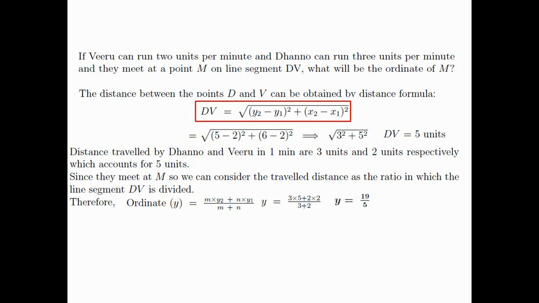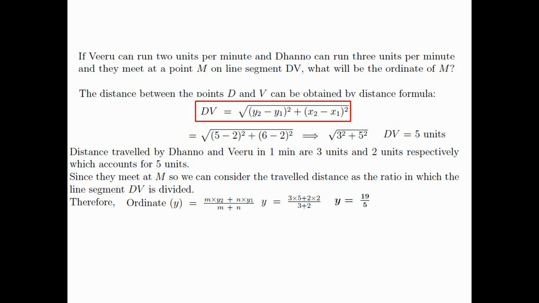Now distance travelled by Dhanno and Viru in 1 minute are 3 units and 2 units, which account for this total 5 units. Since they meet at M, we can consider the travel distance as the ratio in which this line segment DV is divided.